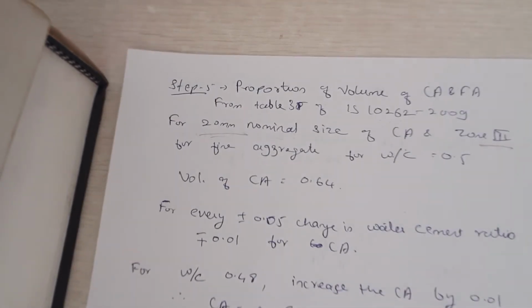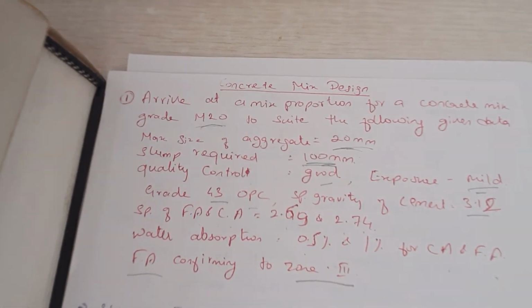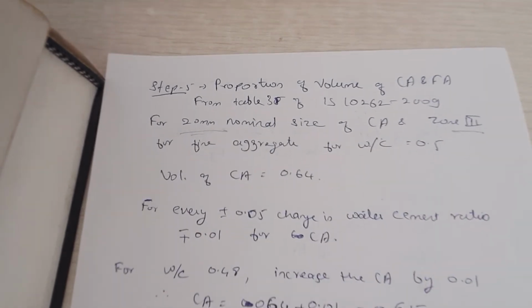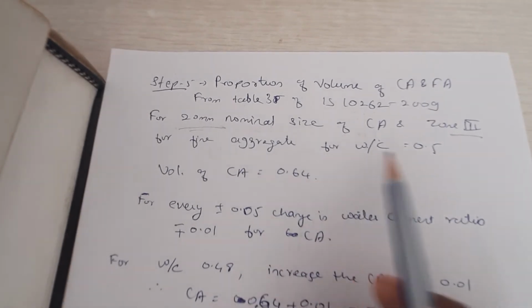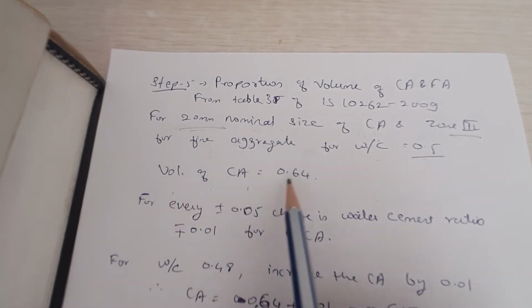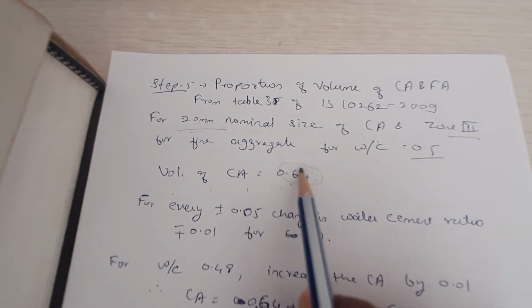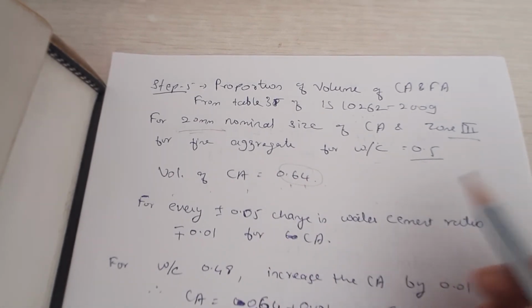For this example, we have zone 3 fine aggregate and 20 mm nominal size. Considering this value for water cement ratio of 0.5, the volume of coarse aggregate should be 0.64.